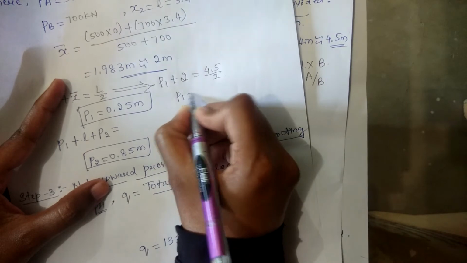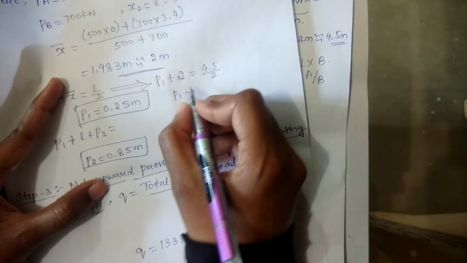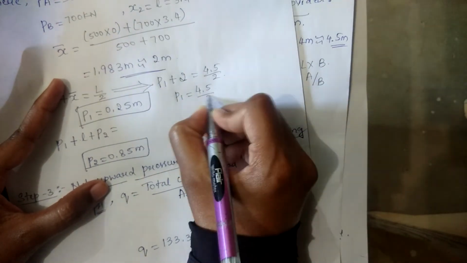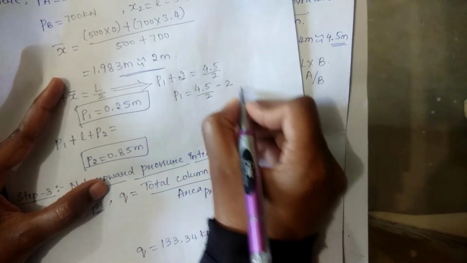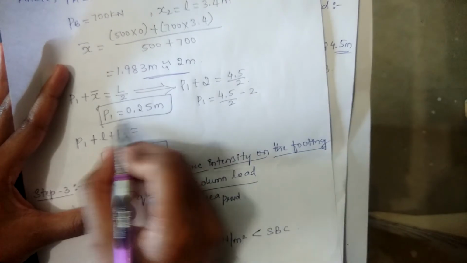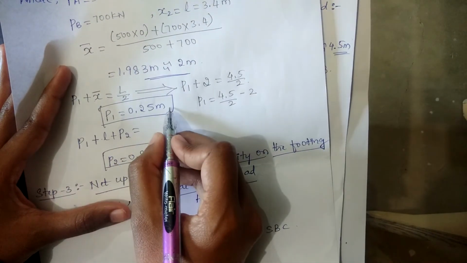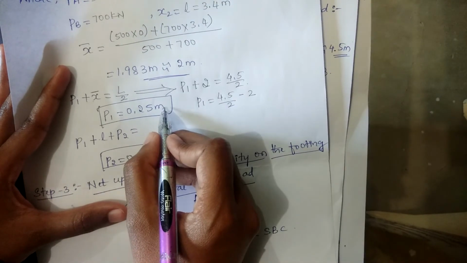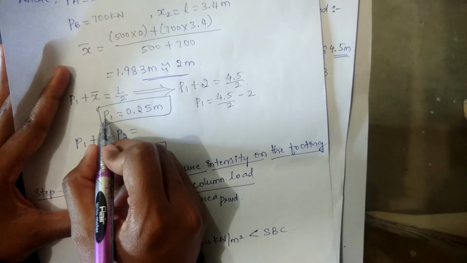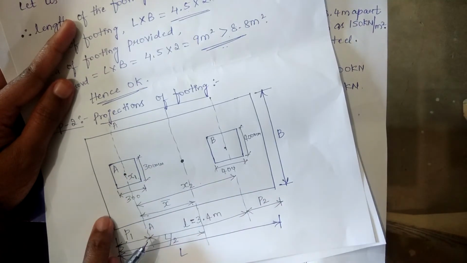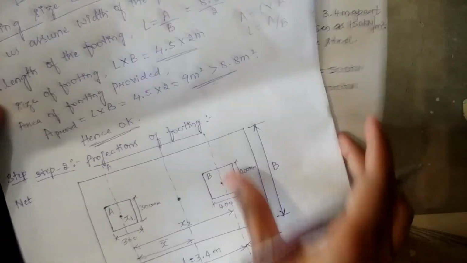Here P1 is equal to, you bring this plus 2 to the RHS side, it will become minus 2. Now on simplifying this, you will be getting a value of 0.25 meter. This value represents the projection P1, that is the projection of column A with respect to the edge of the footing.